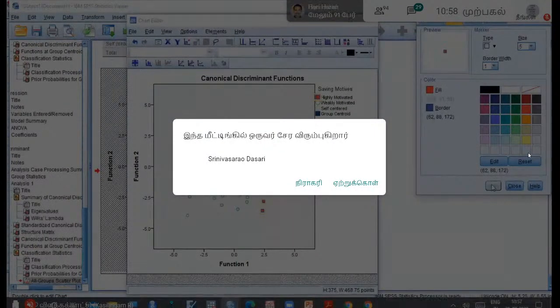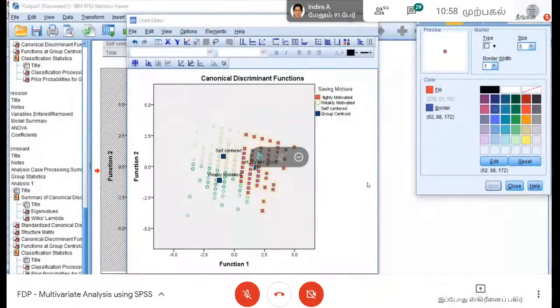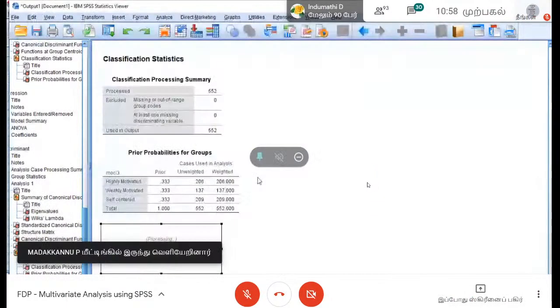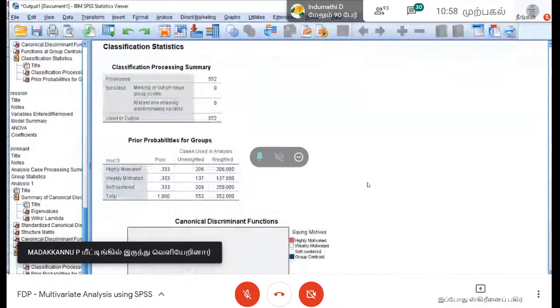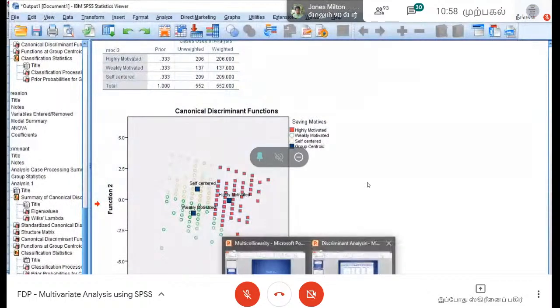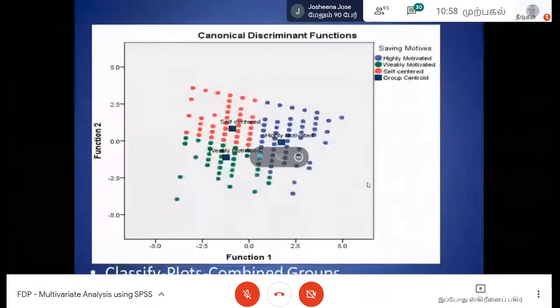Then if you say okay, it will come. Then I can copy and paste, right? I have only changed the color. I'm going to show this diagram in the PPT. All right. Okay, so this is my vision.